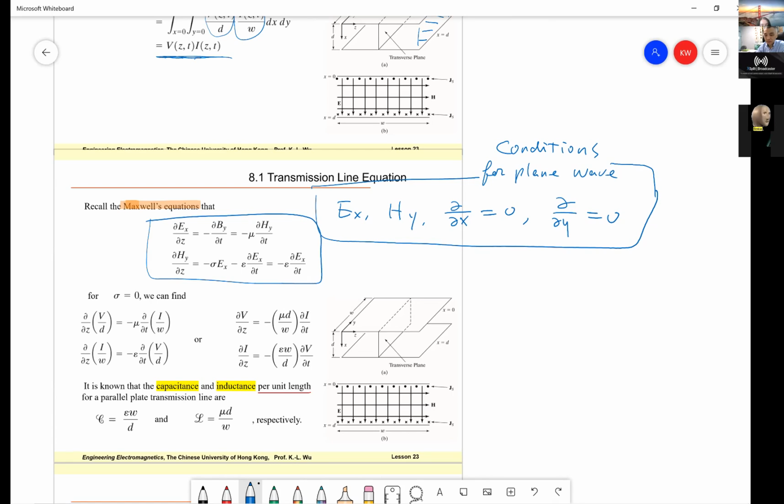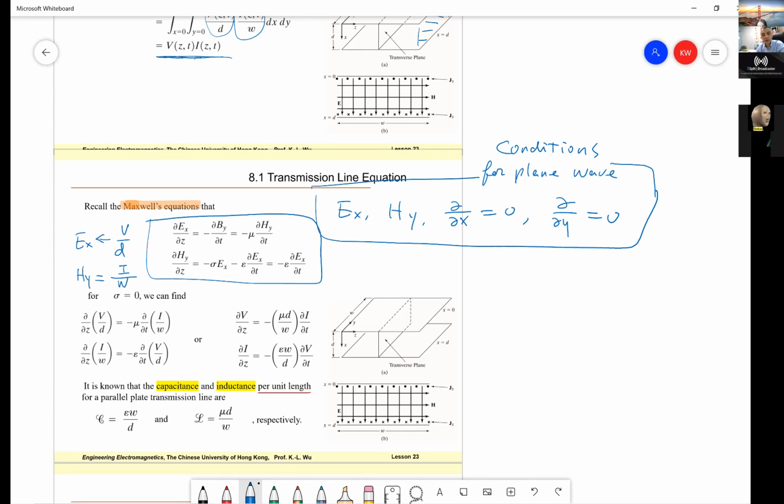But in order to find the analogy between the field quantities and the circuit quantities, specifically voltage and current, let's find a relation. So we substitute E_x by voltage divided by d, and the magnetic field is the current divided by the width.